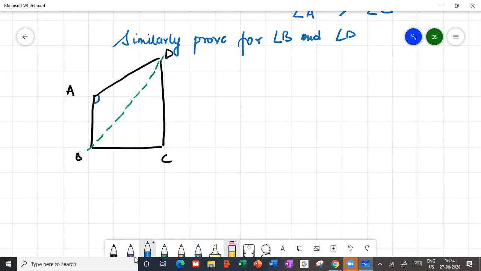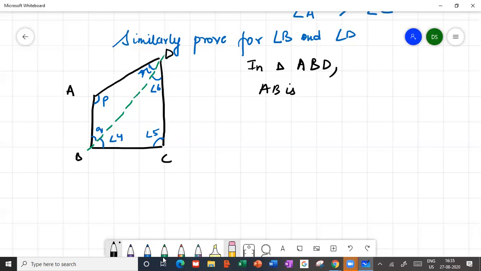We'll label them. Okay, this time let's change the labeling. Let this be P, Q, and R. And what should I label this as? 4, 5, 6. Okay. So again, I'll consider triangle ABD.